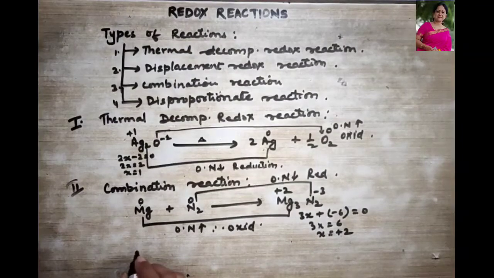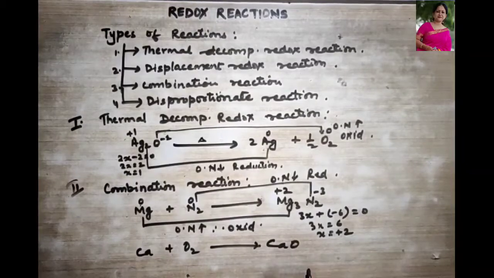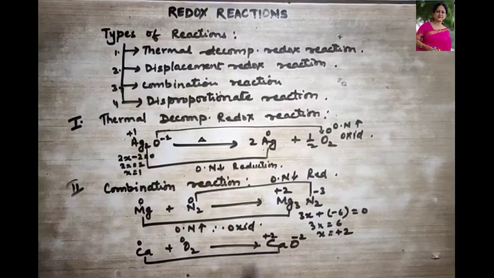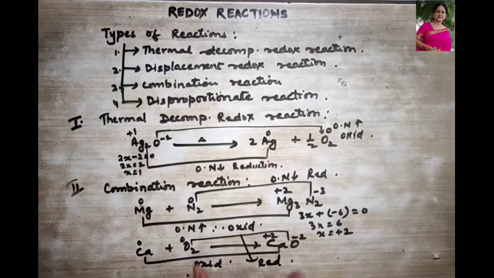One more example, like Ca plus O2 gives CaO. This is 0, this is 0, and over here this is plus 2, this is minus 2. The oxidation number has increased, so oxidation is taking place. And here the oxidation number has reduced, so this shows reduction. So combination reactions also show redox reactions.